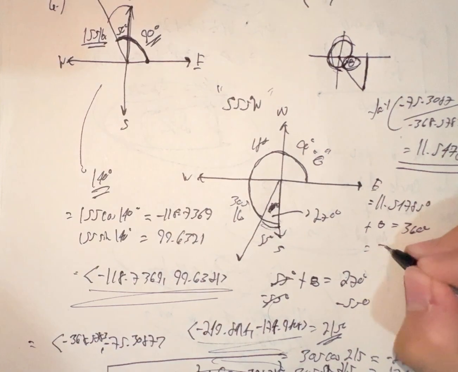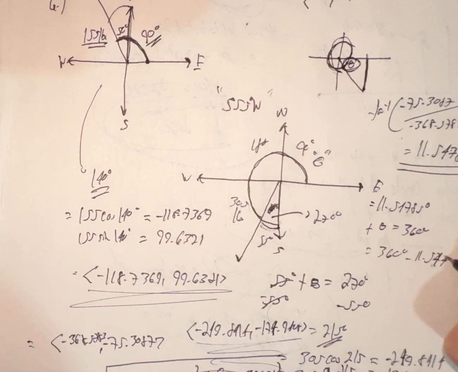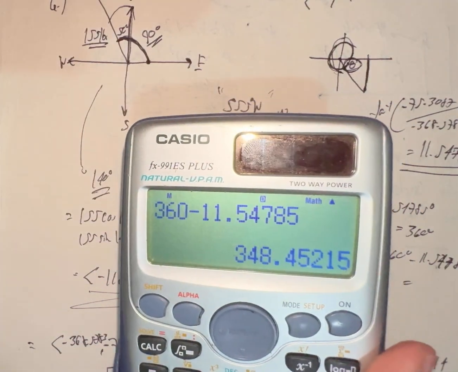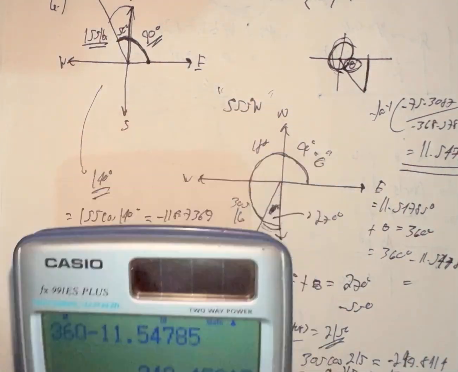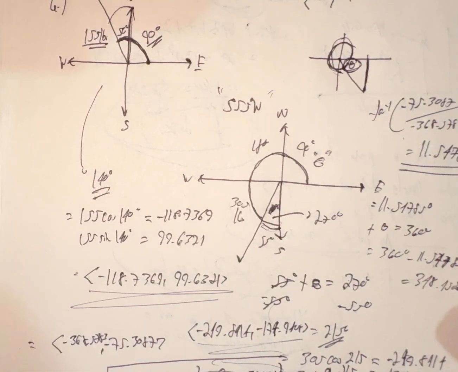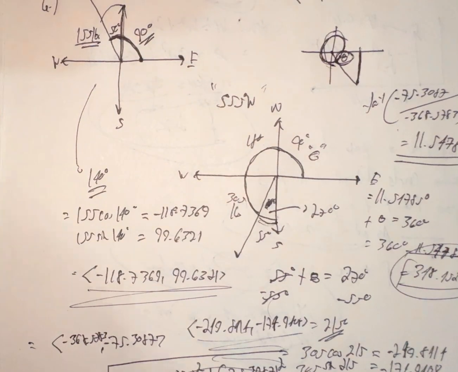So 360 degrees minus 11.5475 degrees is equal to 348.45215 degrees.